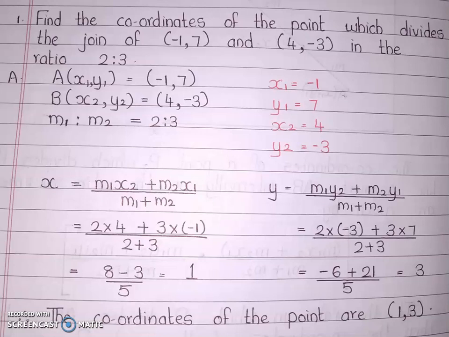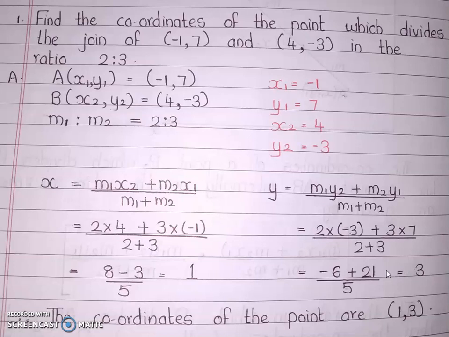This will avoid confusion or mistakes by chance. First, you should write the formula which you are using: x is equal to (m1x2 + m2x1) by (m1 + m2). Similarly, the y coordinate of the point P will be (m1y2 + m2y1) by (m1 + m2). Substitute the given values in the section formula. You will get the x coordinate as 1 and y coordinate as 3.